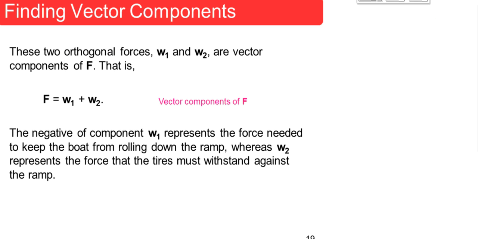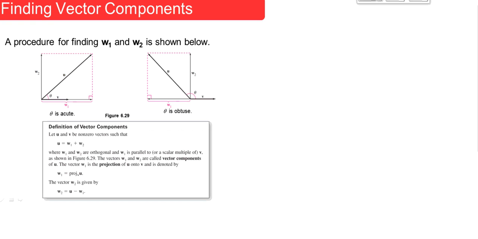So the negative component of W1 represents the force needed to keep the boat from rolling down the ramp, whereas W2 represents the force that the tires must withstand against the ramp. And then we're going to look at this picture. The other one went like this, with W1 here, W2 there.